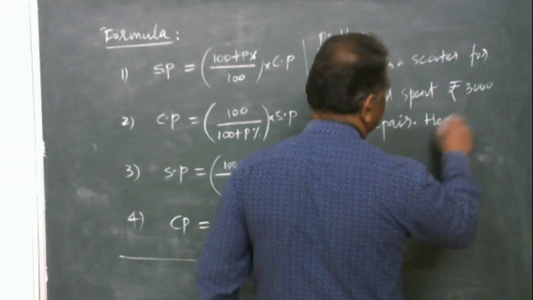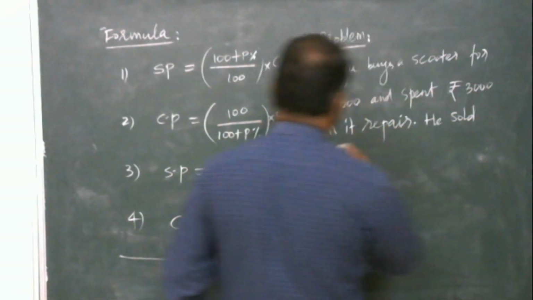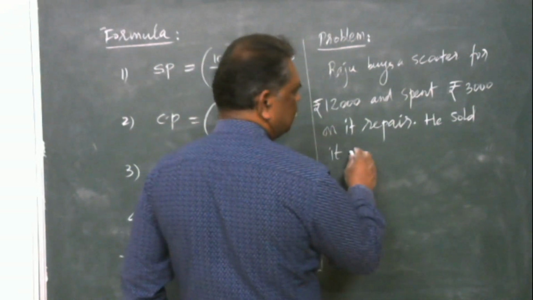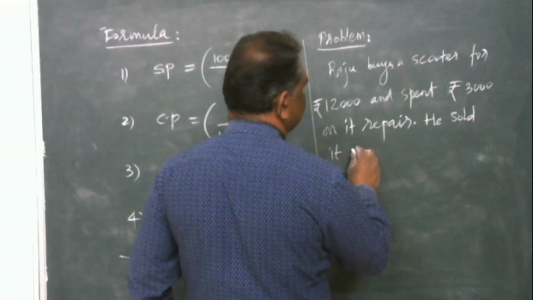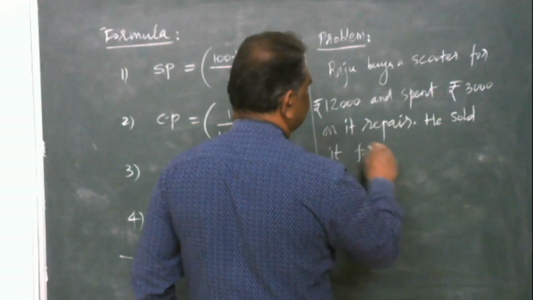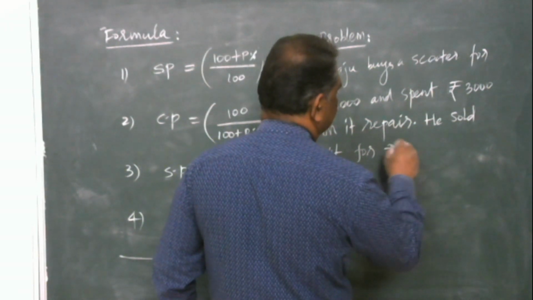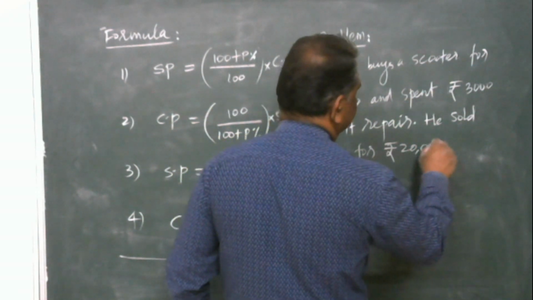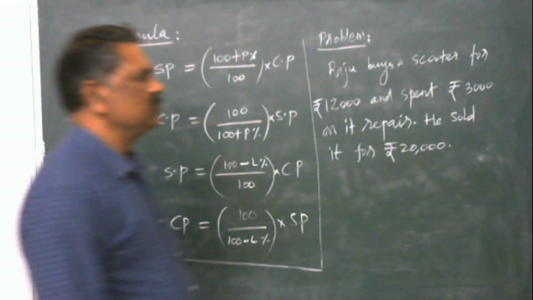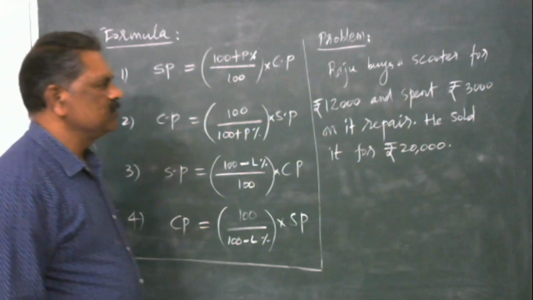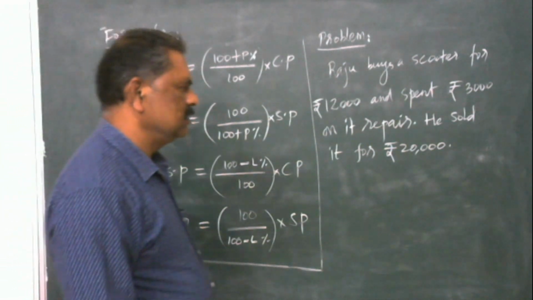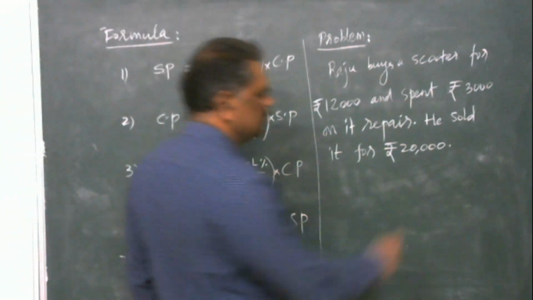He sold it for 20,000. Raju buys a scooter for 12,000 and spent 3,000 on its repair and sold it for 20,000.